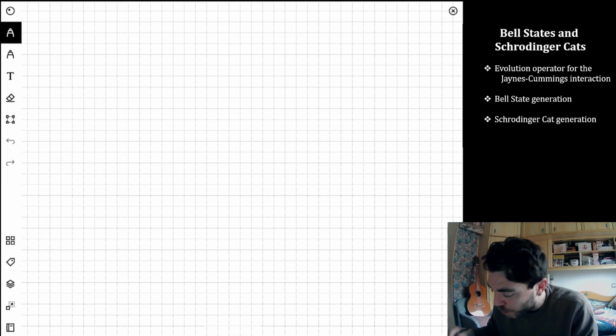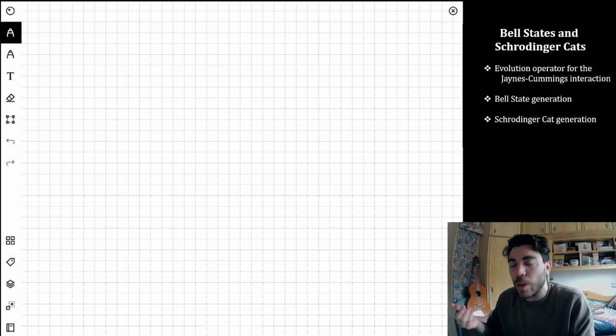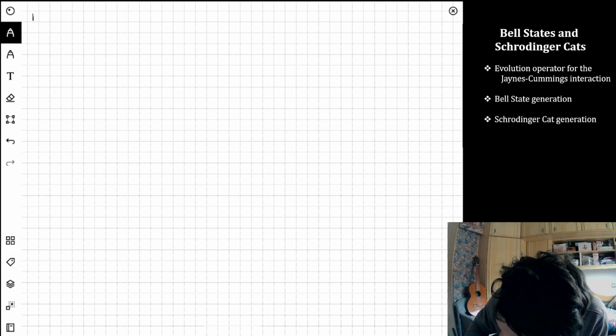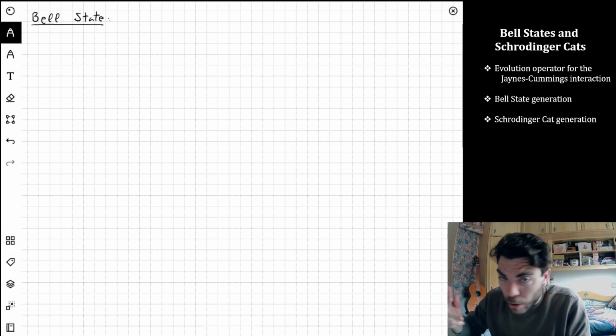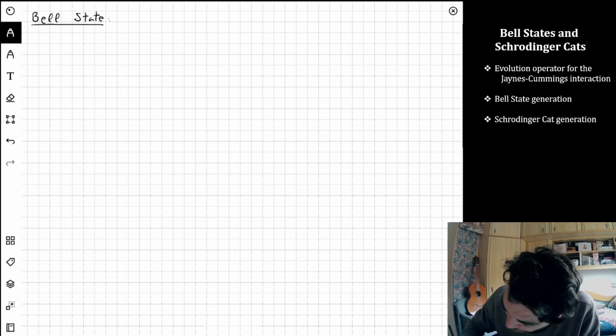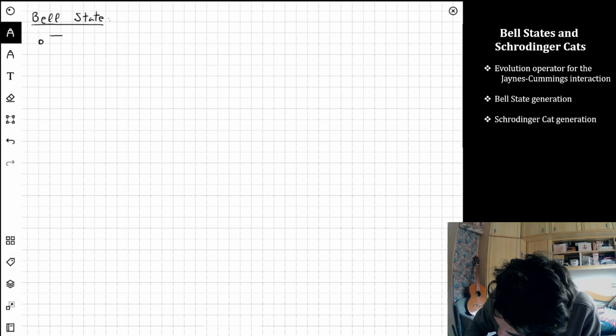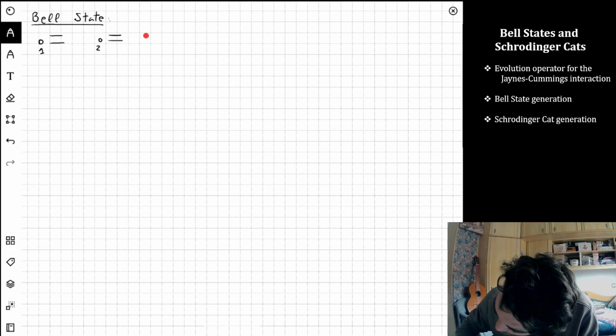I just needed some ingredients in order for you to understand very easily what we are going to do. So the Bell state generation is the following. Imagine that now we have 2 atoms and 1 cavity. So we have 1 atom here, a 2-level system that I label with 1, another atom here, another 2-level system that I label with 2, and then we have a cavity.